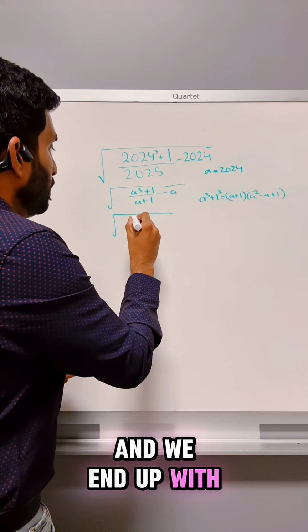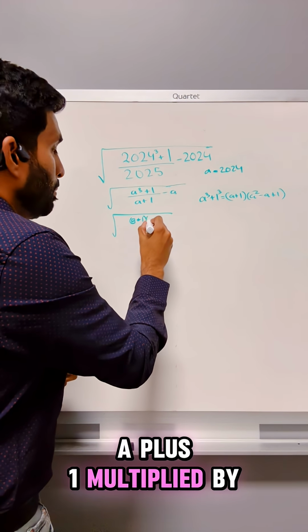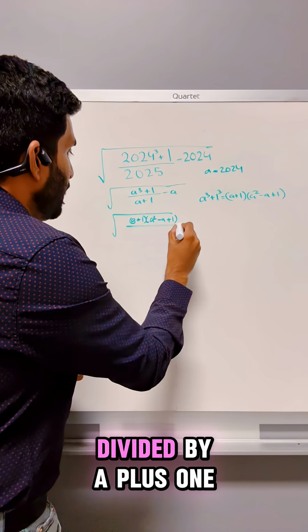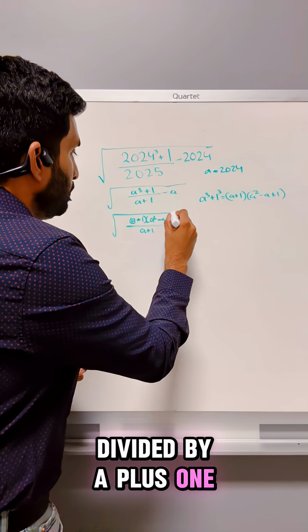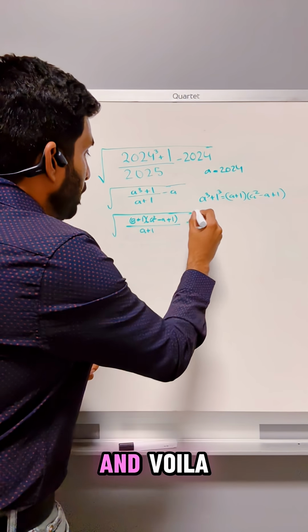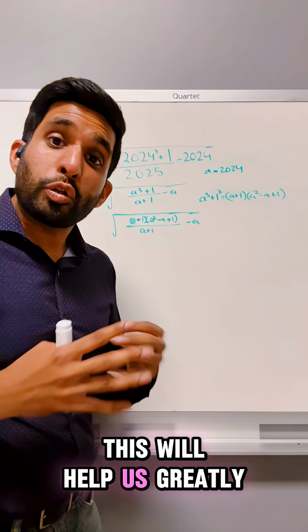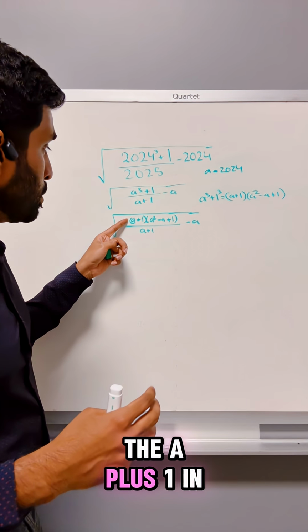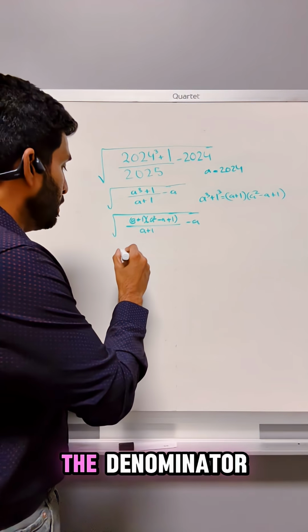And we end up with A plus 1 multiplied by A squared minus A plus 1 divided by A plus 1, minus A. And voila, this will help us greatly with the simplification, because we can cancel out the A plus 1 in the numerator with the A plus 1 in the denominator.